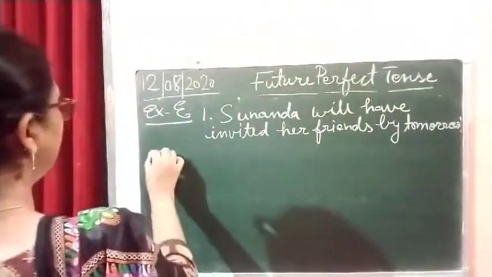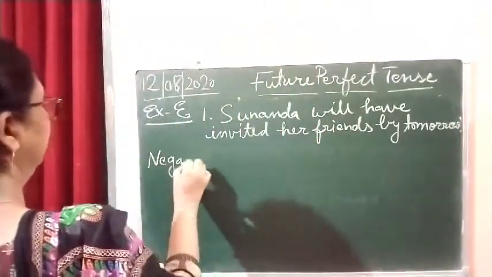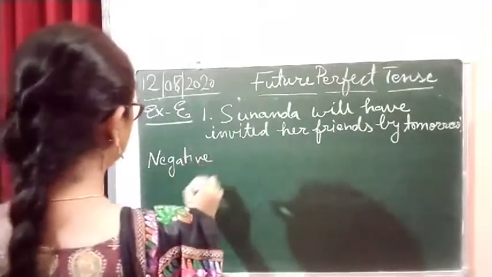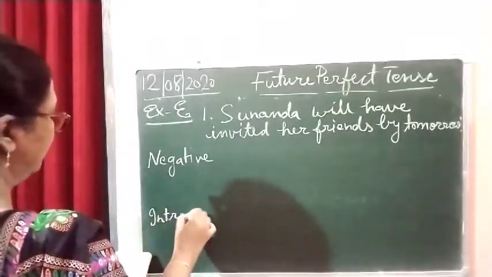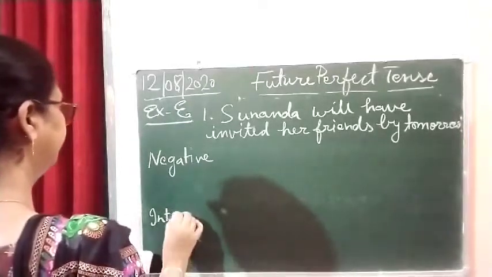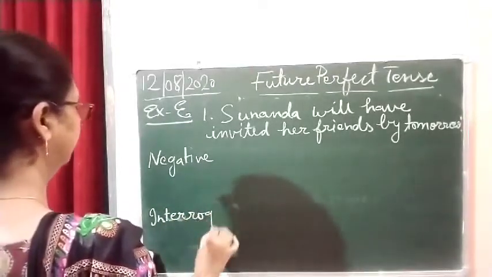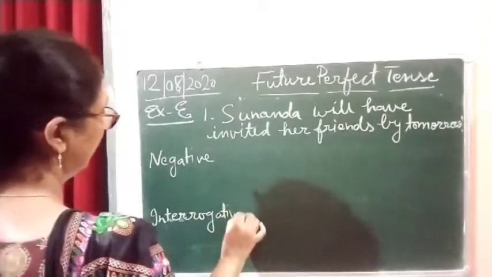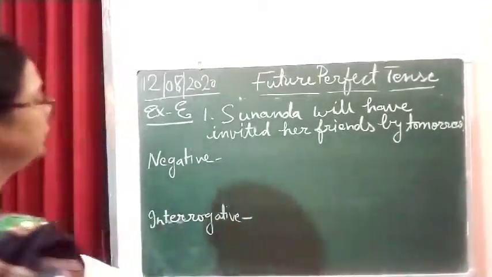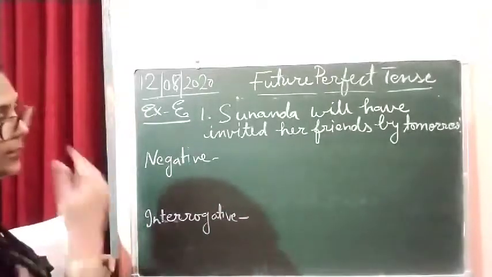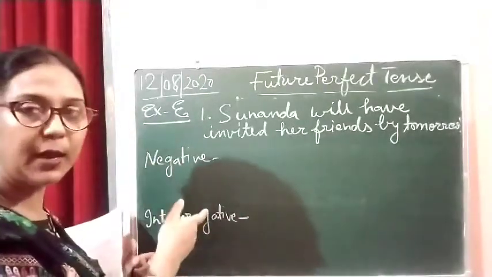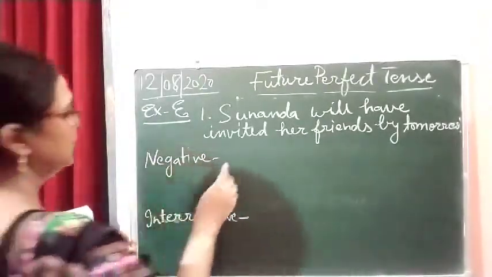Now in negative, we are supposed to use what over here? And then negative. So, interrogative. Sunanda will have invited her friends by tomorrow. Now, I am going to make a negative sentence.